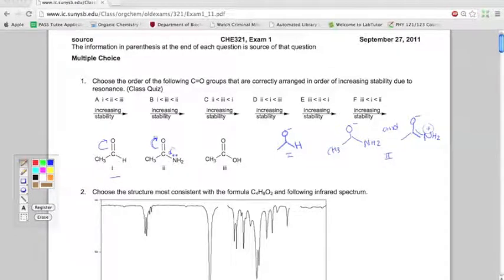And molecule number 3 has resonance structures and now notice I'm doing a very important thing.